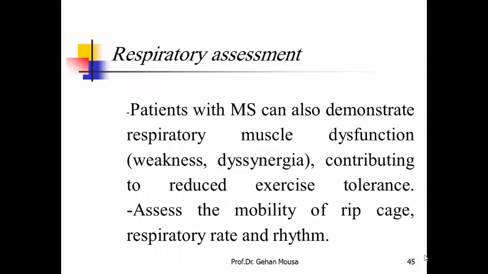Respiratory assessment must be taken into consideration because weakness and dyssynergia may affect the tolerance and vital capacity of the patient, resulting in reduced exercise tolerance, which is important for us as physical therapists.